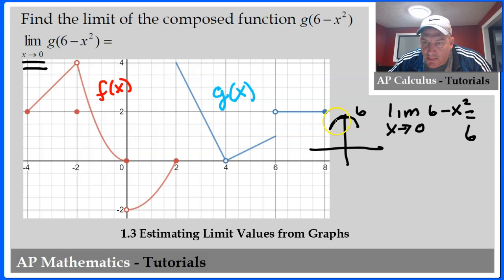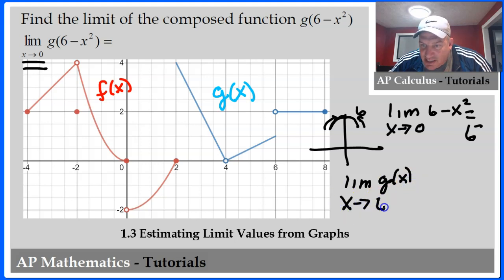However, if you look at this graph, as we approach 0 on the x, this graph approaches 6, but from numbers less than 6. So now we're going to look at the limit of our function g of x as x approaches 6 from numbers less than 6, or left of 6.